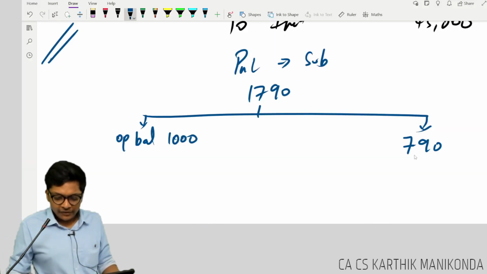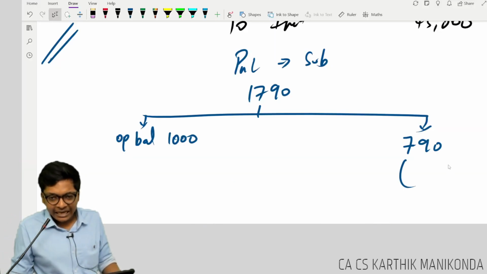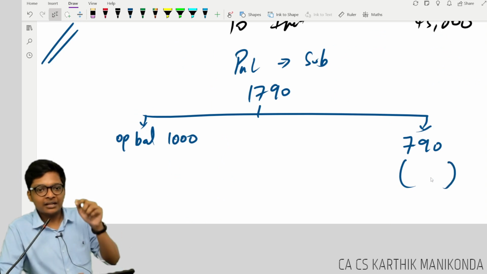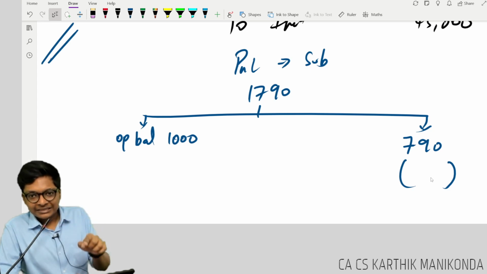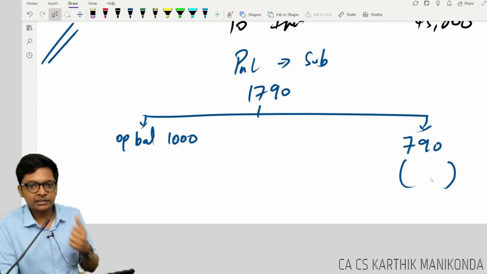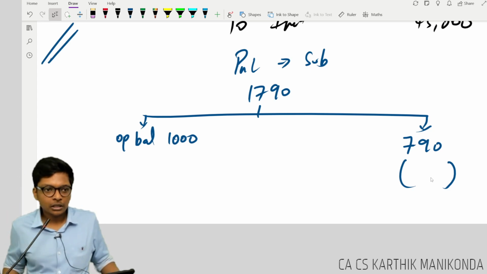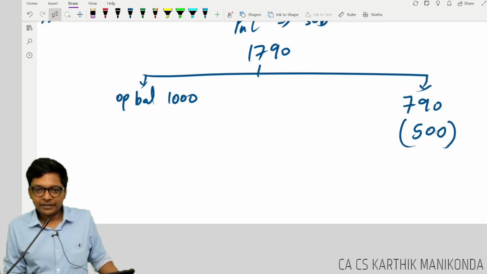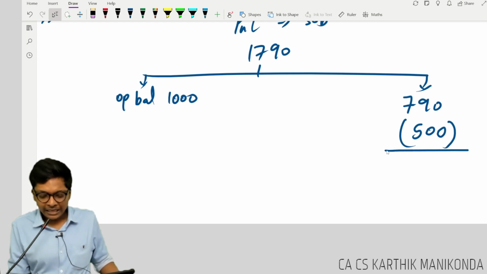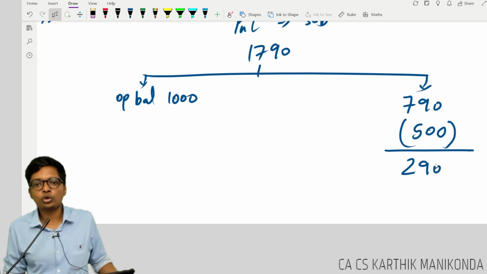So, from the 790, I have to reduce dividend for the current year for both holding and subsidiary. Are you following, guys? Understanding? Hello, are you all with me, guys? So, I will reduce how much, guys? 500 dividend for current year, and then I will be left with 290.